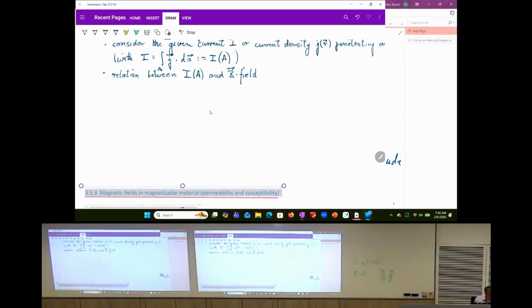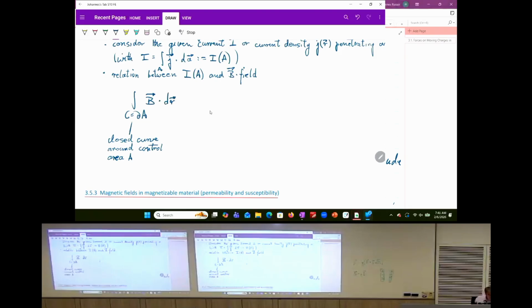And the relation is such. So you have the integral over the curve, which is a closed curve around the control area, and you integrate along this curve the B field.